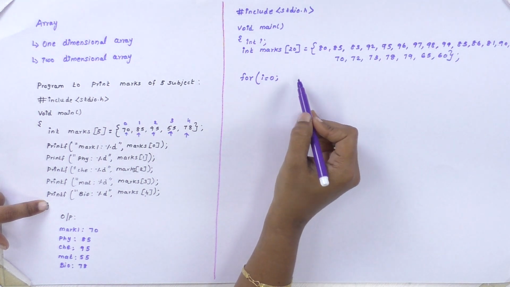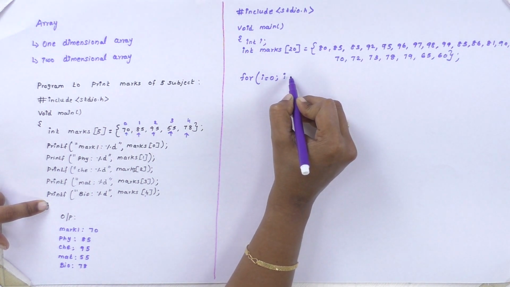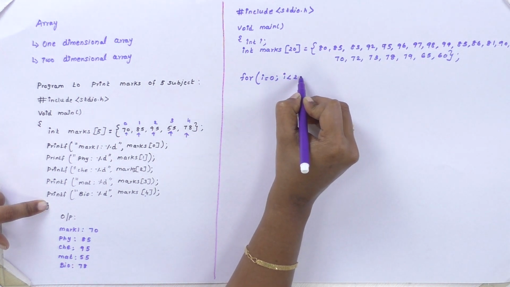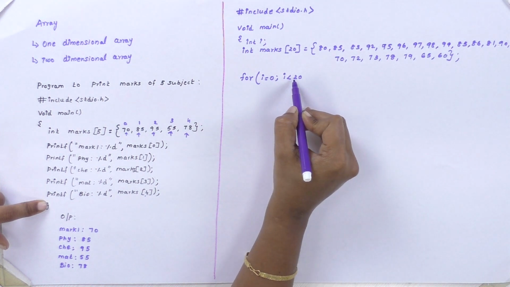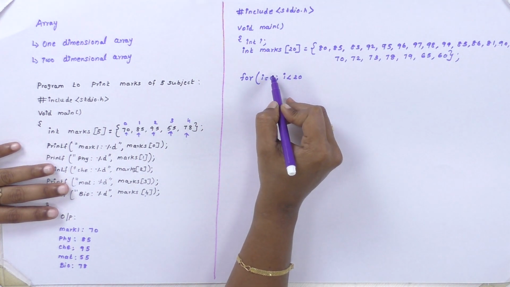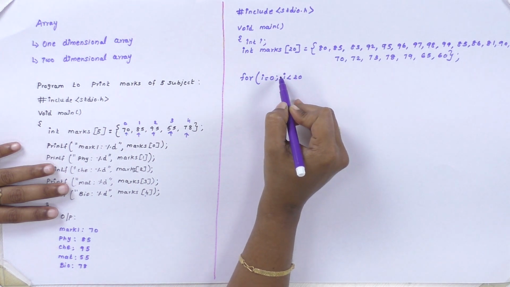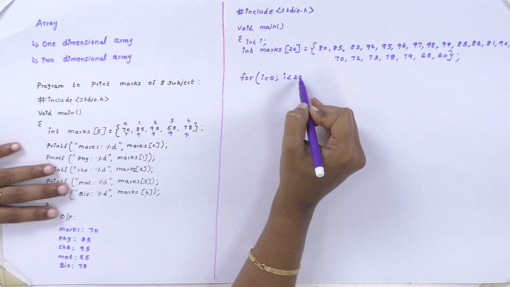The for loop should work up to 20 loops. So here I have to give a condition like i less than 20, because it starts from 0. So 0 to 19 accesses 20 values. If you start from 1, for i equal to 1, you have to write a condition like i less than or equal to 20.